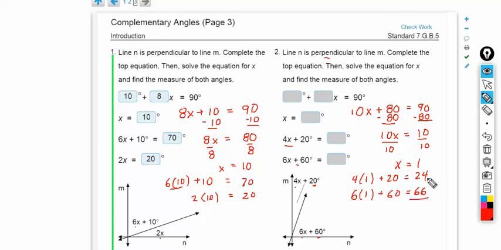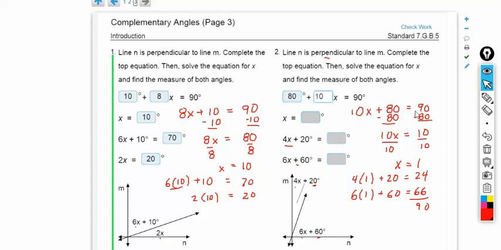If we add those together, 24 plus 66 is 90 degrees, so that's fine. So over here we had 80 and a 10x.